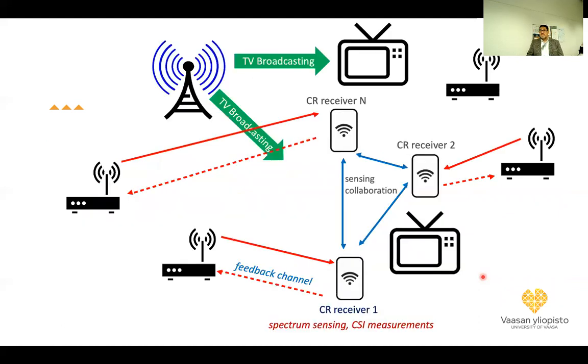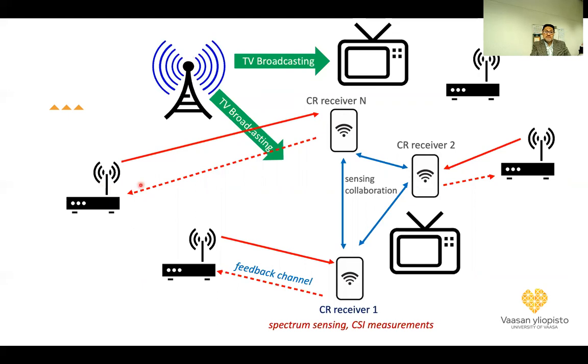You can see here that I gave this simple example, that we have TV broadcasting, for example, and then we have TVs in the area of that transmitter, and in some areas we check if it is possible to use the same band of this TV for transmission and reception in that area by cognitive radio.